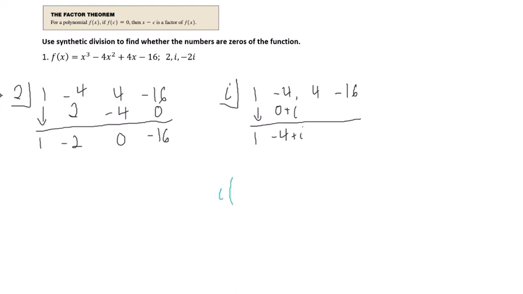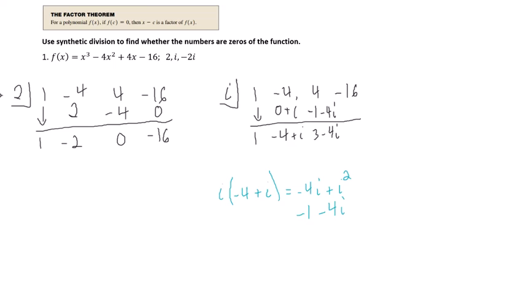So i times negative 4 plus i would equal negative 4i plus i squared. And remember, i squared equals negative 1, so that's negative 1 minus 4i. And so that's what would go here. Negative 1 minus 4i.